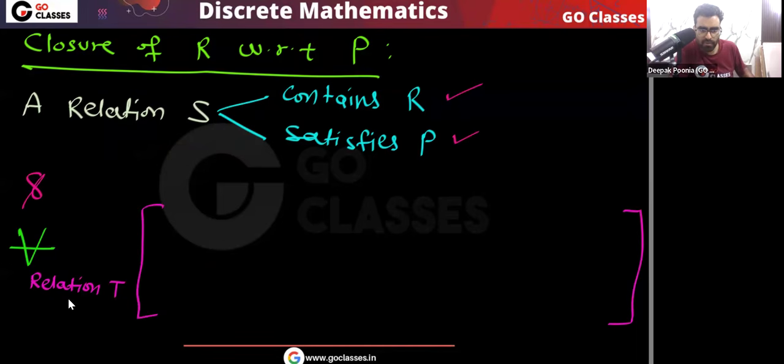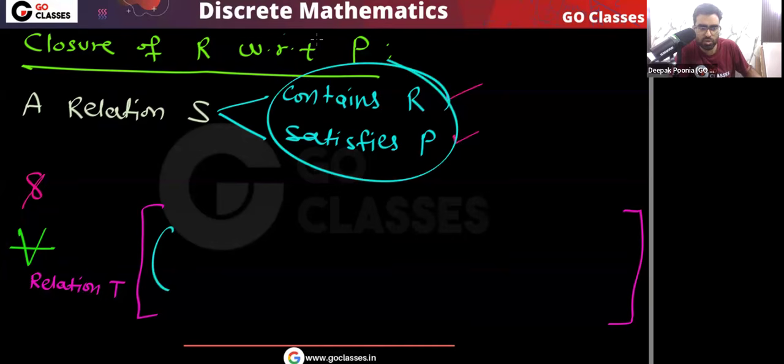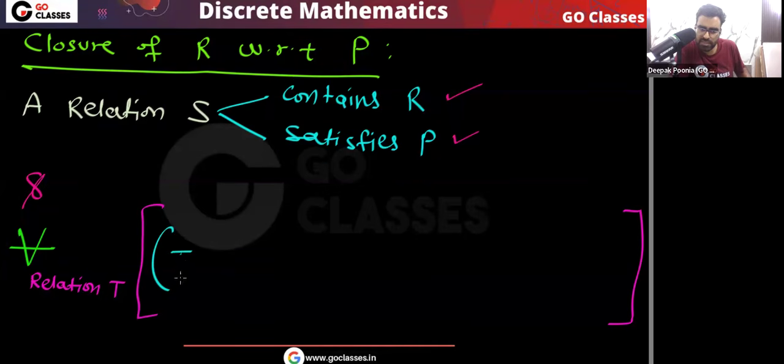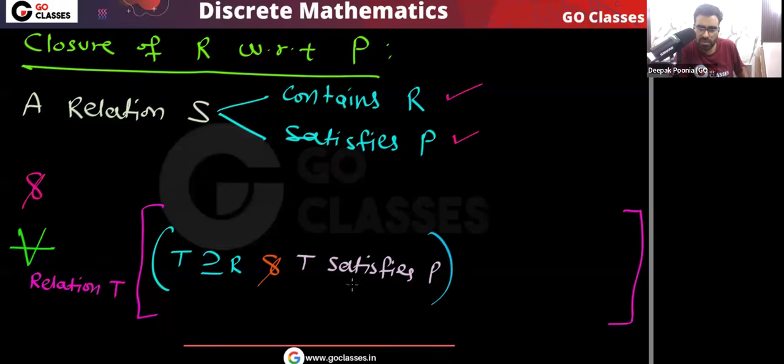If this T also has these two properties, meaning T is a superset of R, T contains R, and T satisfies property P, then this S must be a subset of T. This is the formal definition.